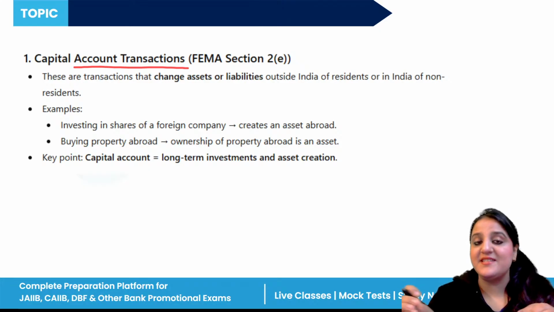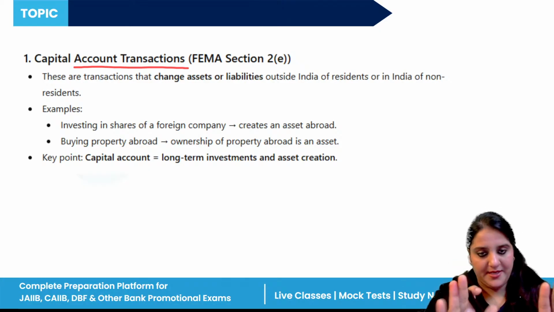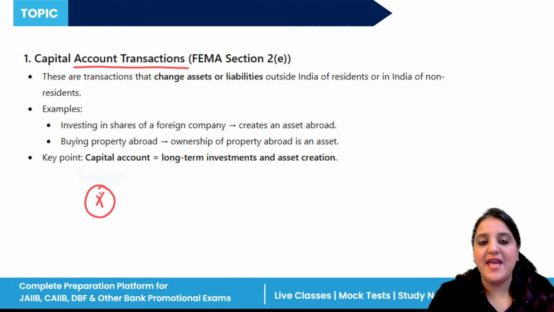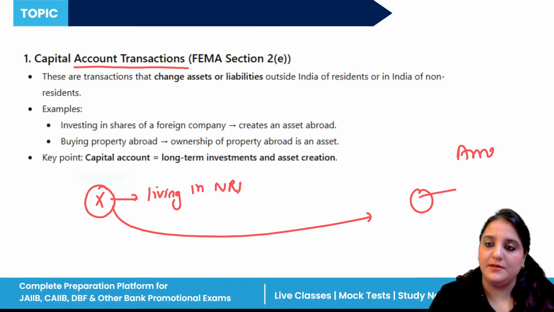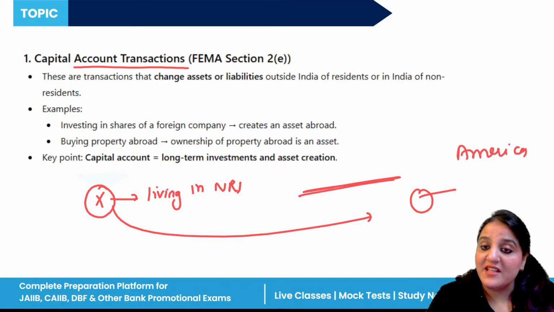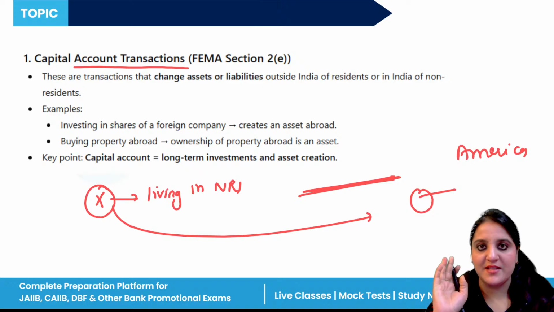Meaning, if suppose Mr. X is living in India, and Mr. X's assets or liabilities change in America, that transaction is a capital account transaction.